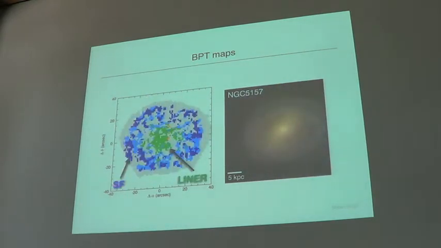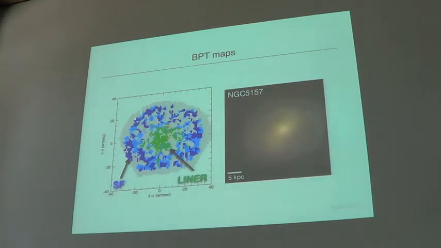Here's another example. You see especially very extended LINER emission, and down here you have a scale for comparison, and in this galaxy again also star formation in the outer part.